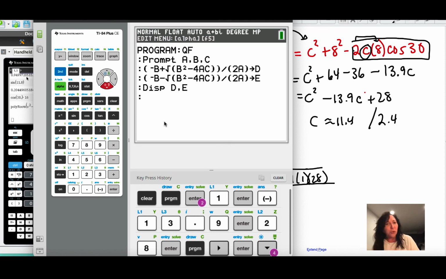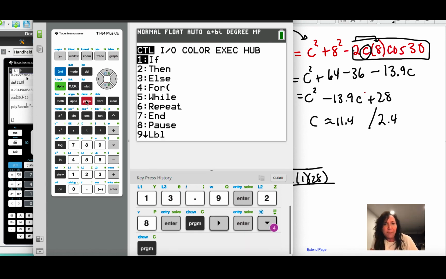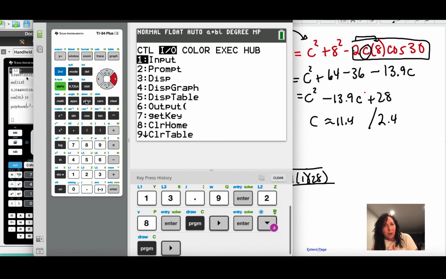The place where you would find prompt and display, and this arrow here is down here where it says store. You see that down here? STO with the arrow going that way. Prompt and display are in the input output. If I go to program and I go over to input output, see, there's prompt, there's display. So you got it. Okay, cool.